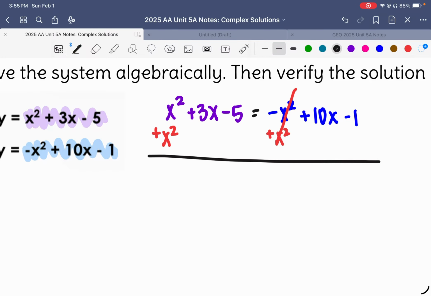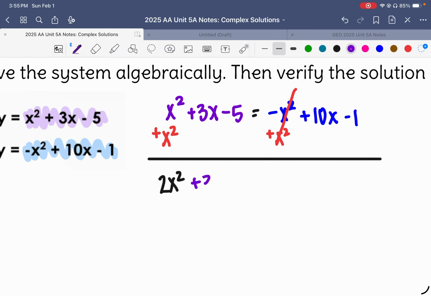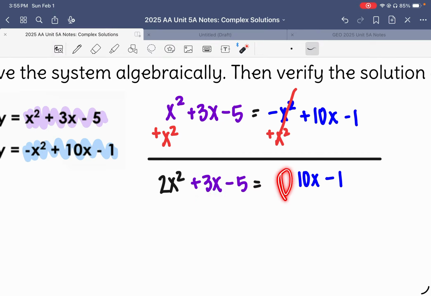And so that leaves me with 2x squared. I have plus 3x minus 5 still. I have 10x minus 1 still. And I need to cancel out both of these guys because I did not get rid of my quadratics like I thought I would. That means that if I have a b term, I need to get 0.